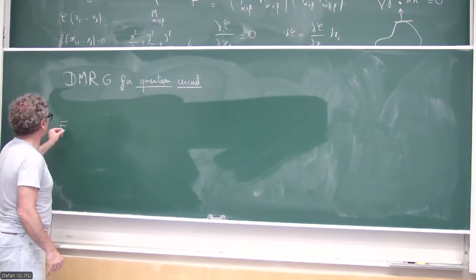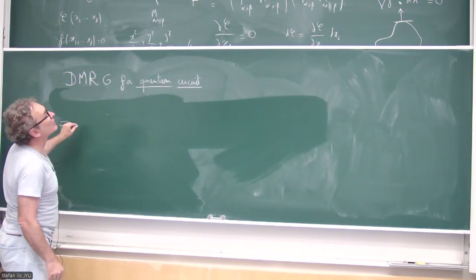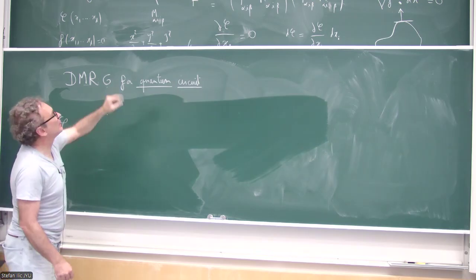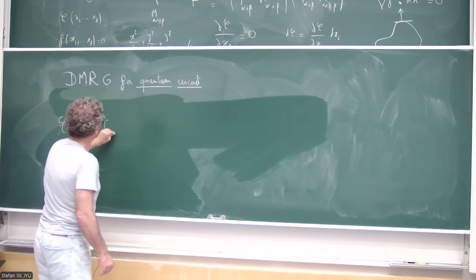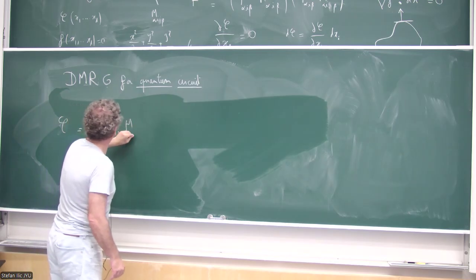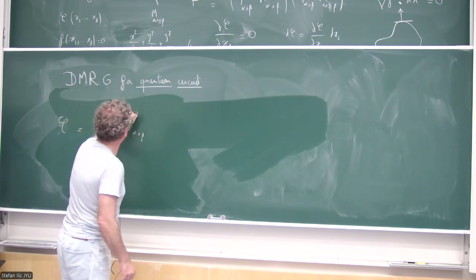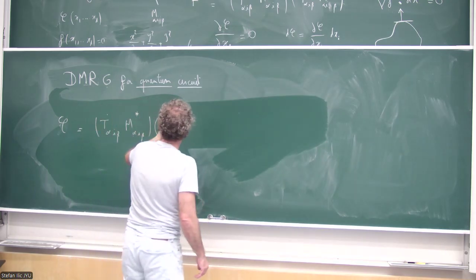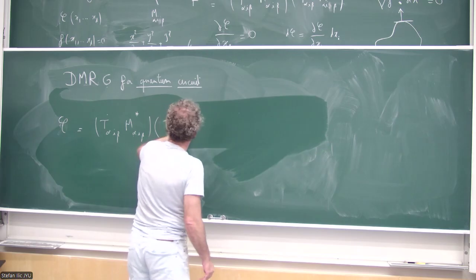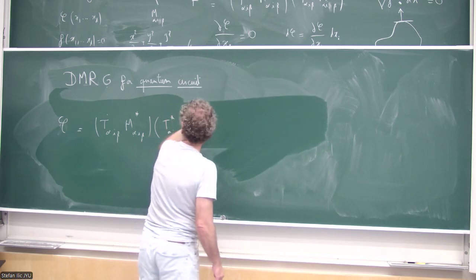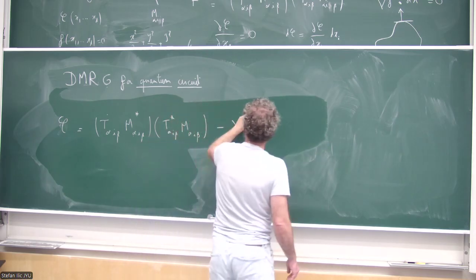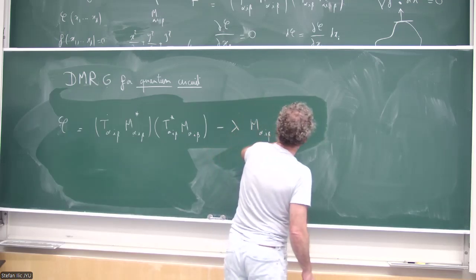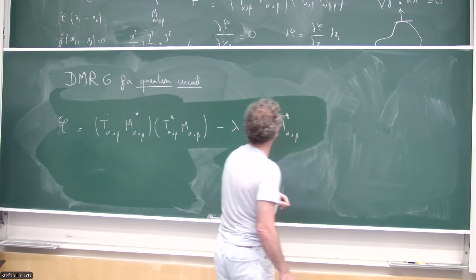So now I'm going to minimize, essentially, so we can call it C again, which is T alpha i beta M alpha i beta star, T alpha i beta star M alpha i beta, minus lambda M alpha i beta M alpha i beta star.